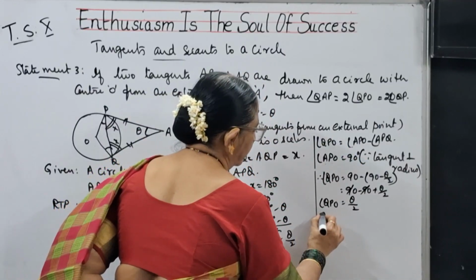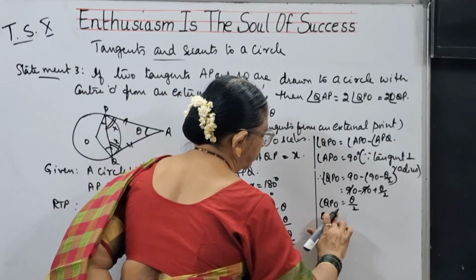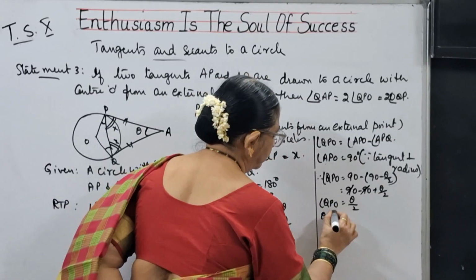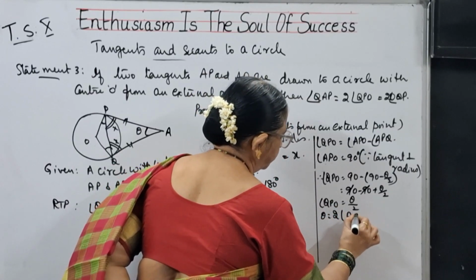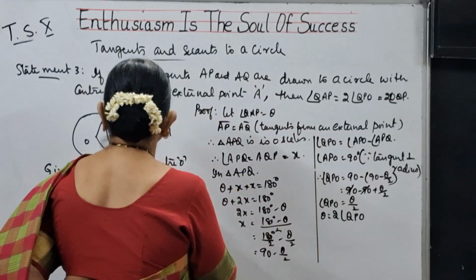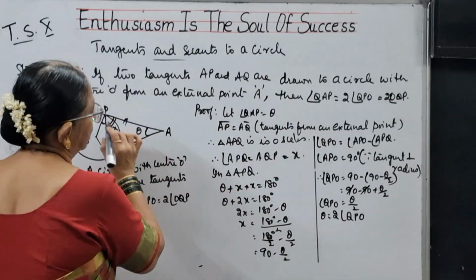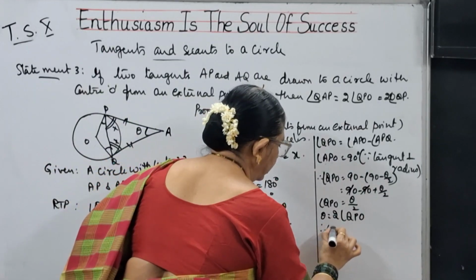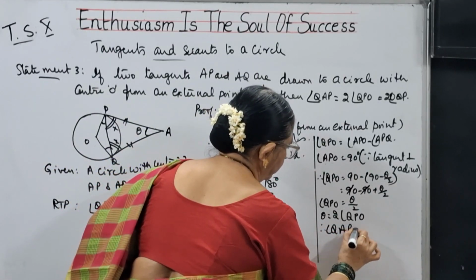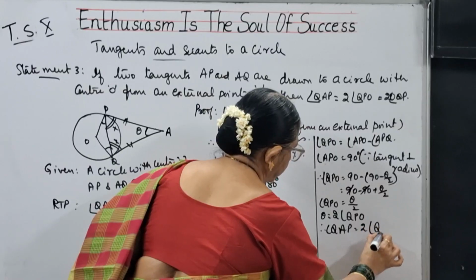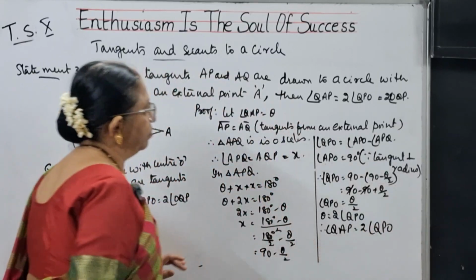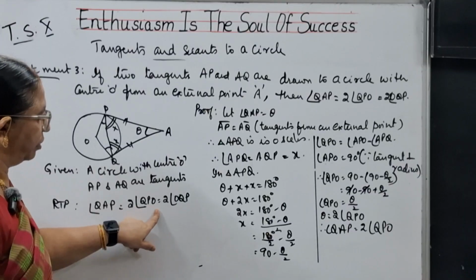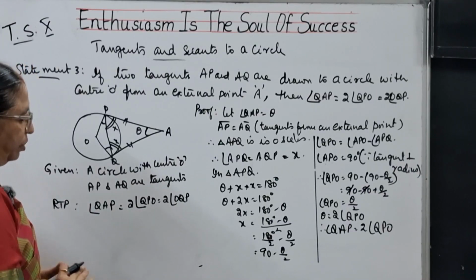So theta is 2 times angle QPO, and theta is angle QAP. Therefore, angle QAP is equal to 2 times angle QPO. So, one part, angle QAP is equal to 2 times angle QPO, I have proved.